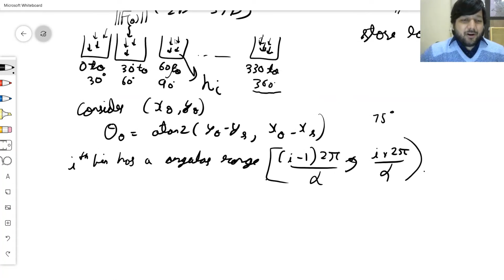So let's total all the things which get inside the ith bin.